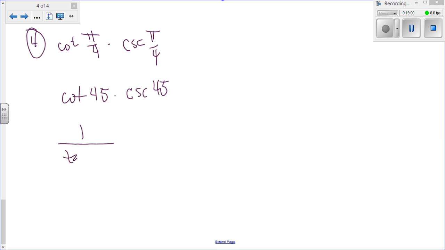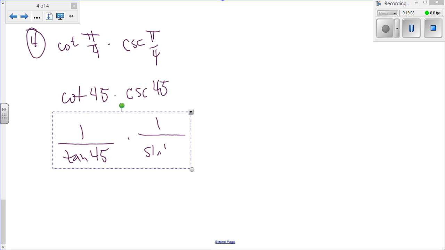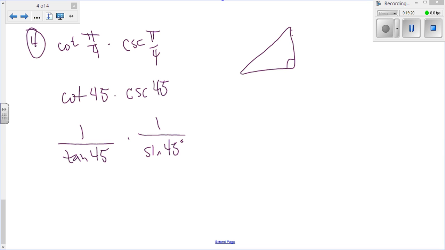So this would be 1 over the tangent of 45 times 1 over the sine of 45. Tangent of 45 is 1 on my 45-45-90. And that's the only reason I'm using 1 over tan.